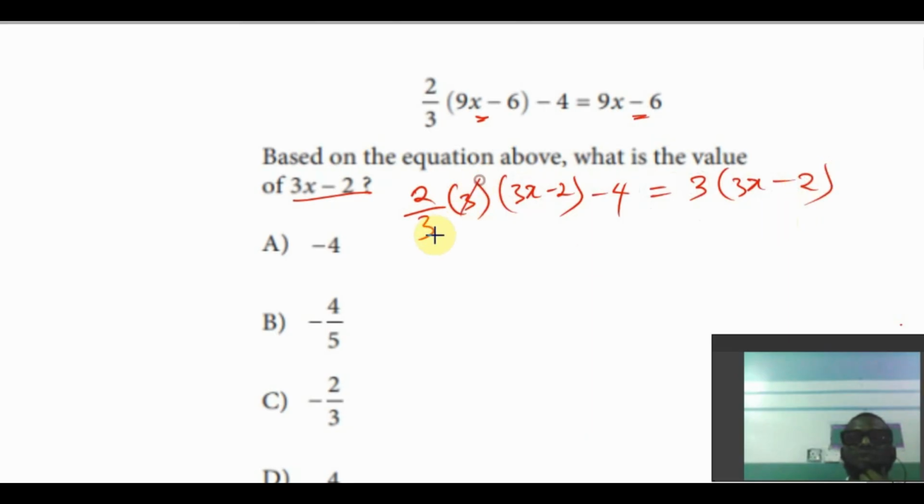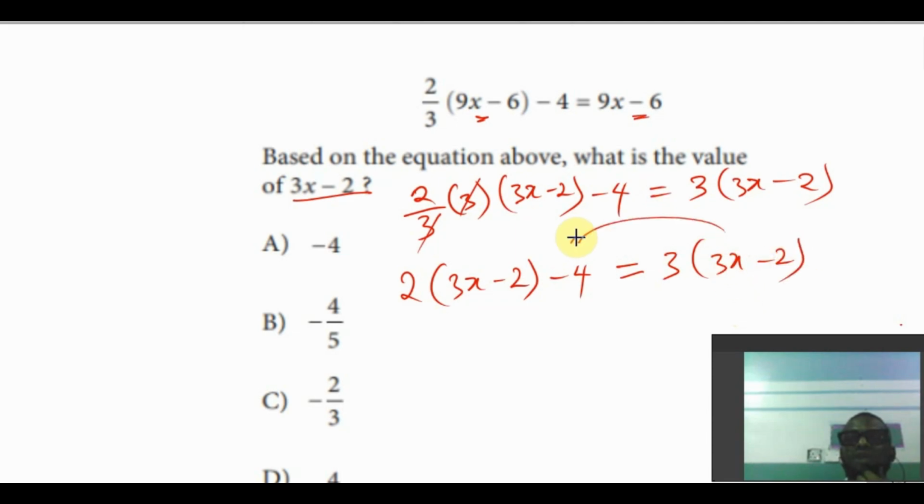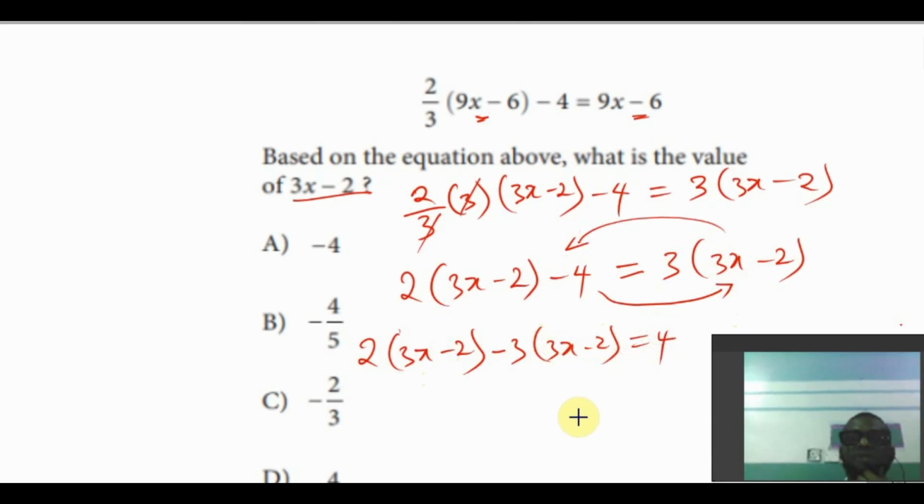So when I cancel this, I have 2 into 3x minus 2 minus 4 is equal to 3 into 3x minus 2. So when I collect like terms and move this one over here, I will have 2 into 3x minus 2 minus 3 into 3x minus 2 equals 4.